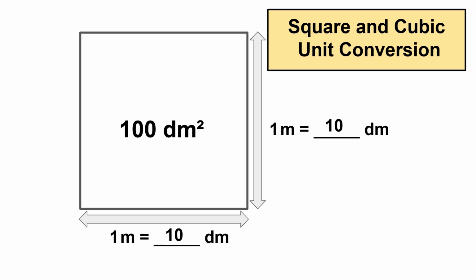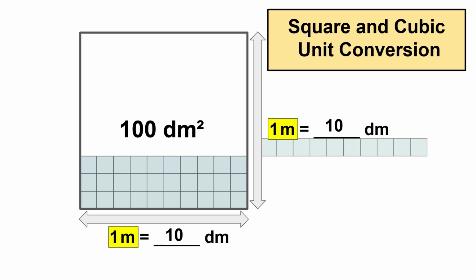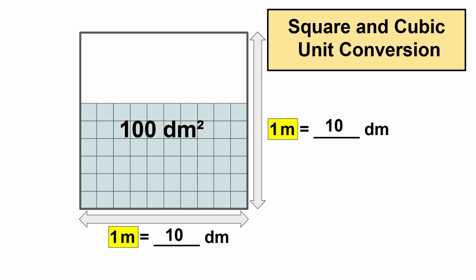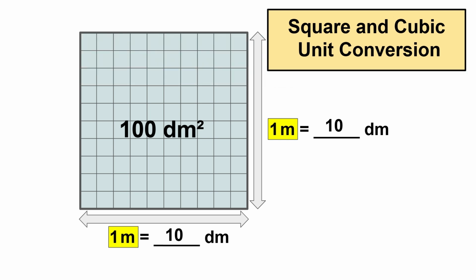So this means that a square that is 1 meter by 1 meter contains a total of 10, 20, 30, 40, 50, 60, 70, 80, 90, 100 squares that are each 1 decimeter squared. So this is why when converting square units, we multiply or divide by a power of 100, because the area depends on both the length and the width.